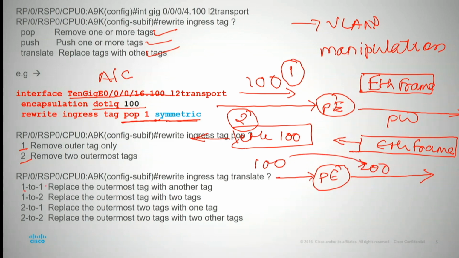It works as one-to-one translation. Here I am replacing 100 with 200, and we have other options: replace tag 1 with tag 2, replace tag 2 with tag 1, replace both 2 tags with both 2 tags. Generally this pop, push and translate scenario is useful when we are using inter-VLAN communication.